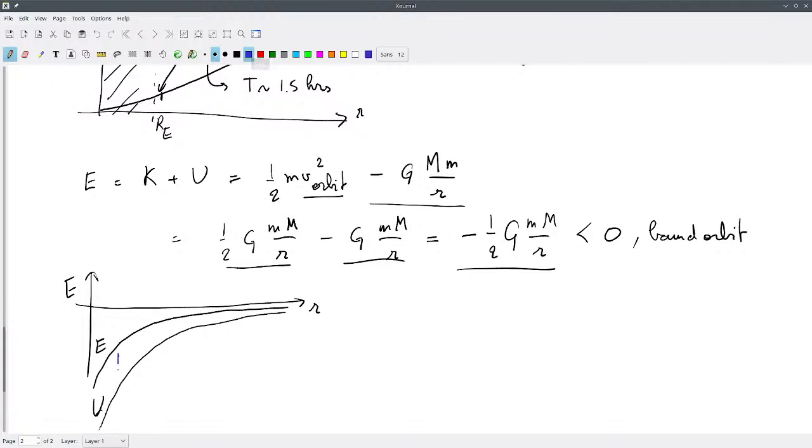The difference is, of course, the kinetic energy in v orbit. That's the kinetic energy that shifts that curve upwards. So the difference between just having potential energy and being in a circular orbit is that it shifts the energy curve upwards.